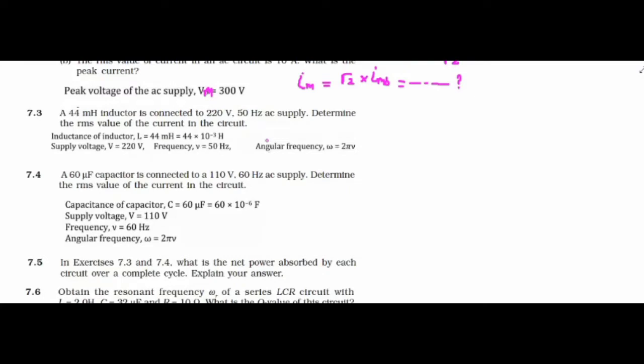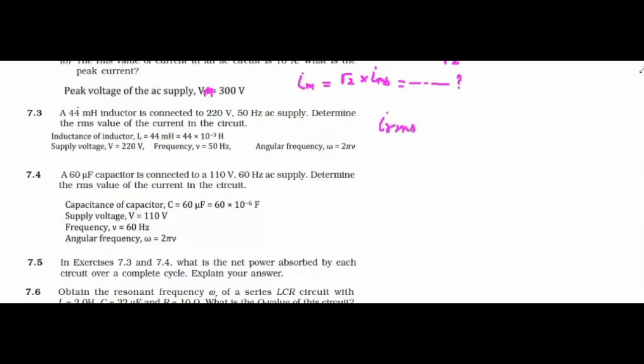VRMS is equal to 220 volts. Frequency is 50 Hertz. And if you have frequency, angular frequency omega, you can calculate using the formula 2 pi nu. Now, determine RMS value of current in the circuit. Here, inductor is the only component connected there.